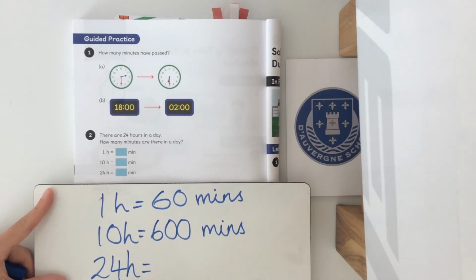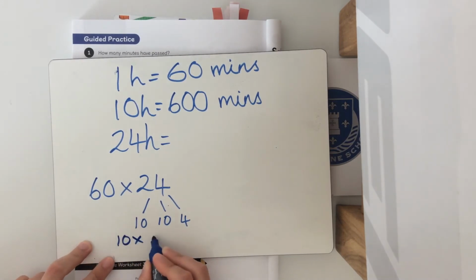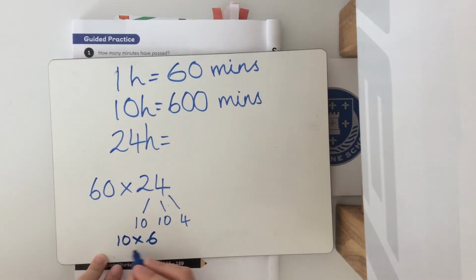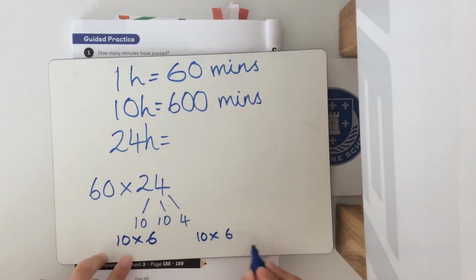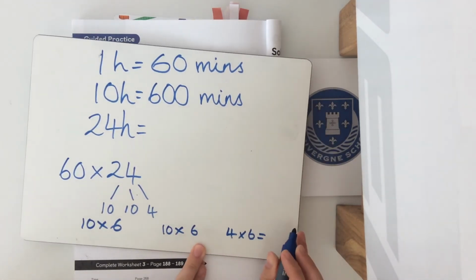So I'm going to do this by splitting this into 10, 10 and 4. So I'm going to do 10 times 6, 10 times 6 and 4 times 6.